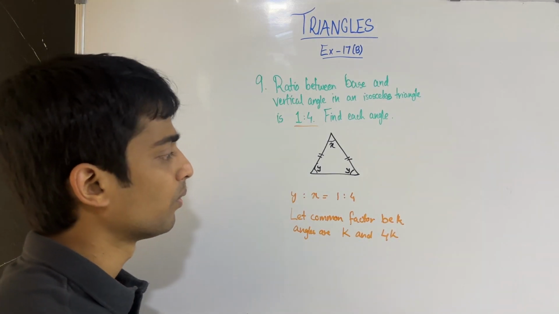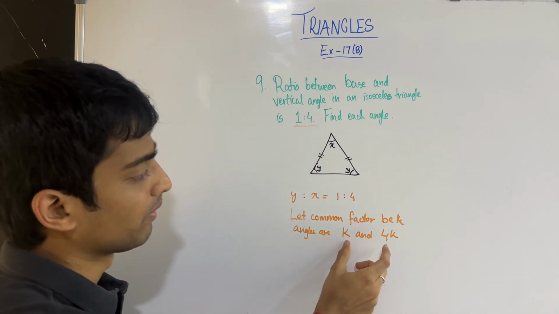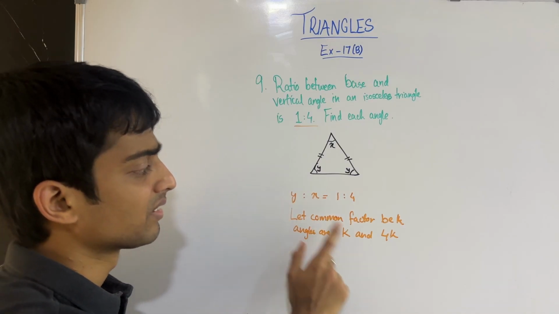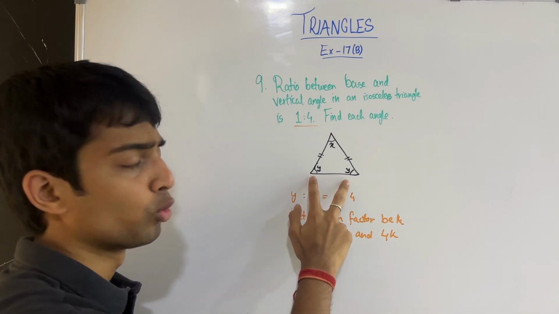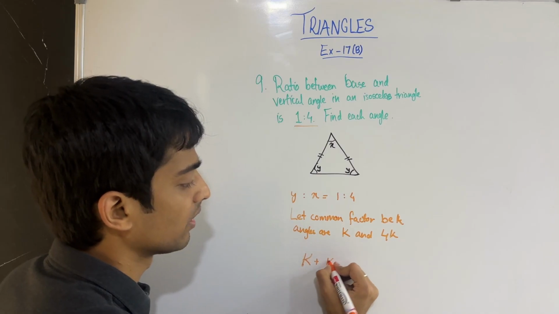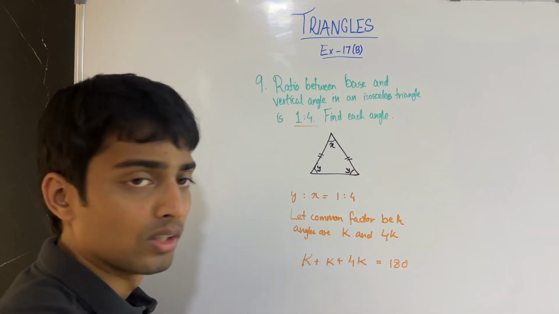Right? Now y is the base angle, x is the vertical angle. We have k and 4k. So we know that y is the base, so there are two base angles. So we can make an equation k plus k plus 4k equal to 180.